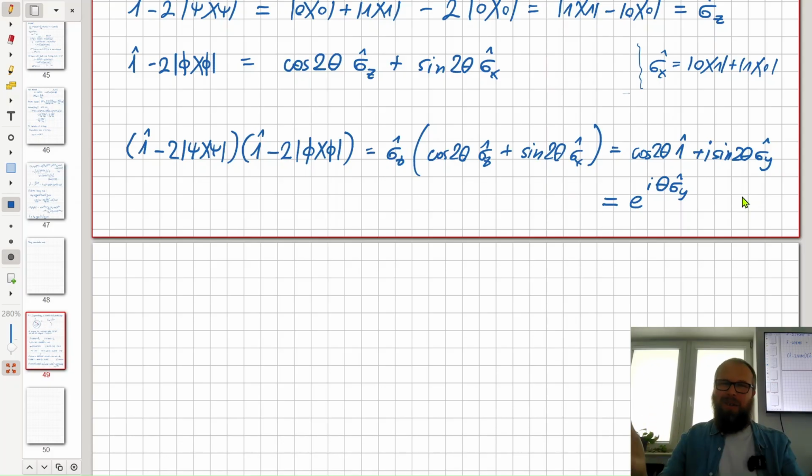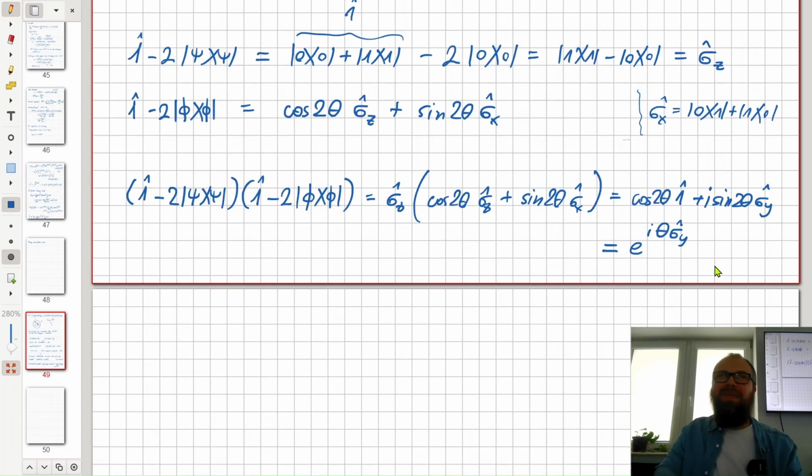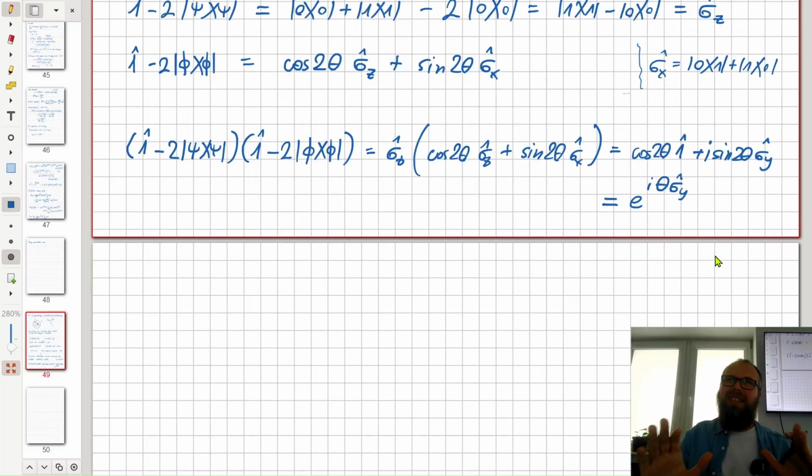So you have branch cuts and stuff like that. However, since theta is smaller than pi over 2, there is no problem. Its square root is well defined, and in this case it's unambiguous.